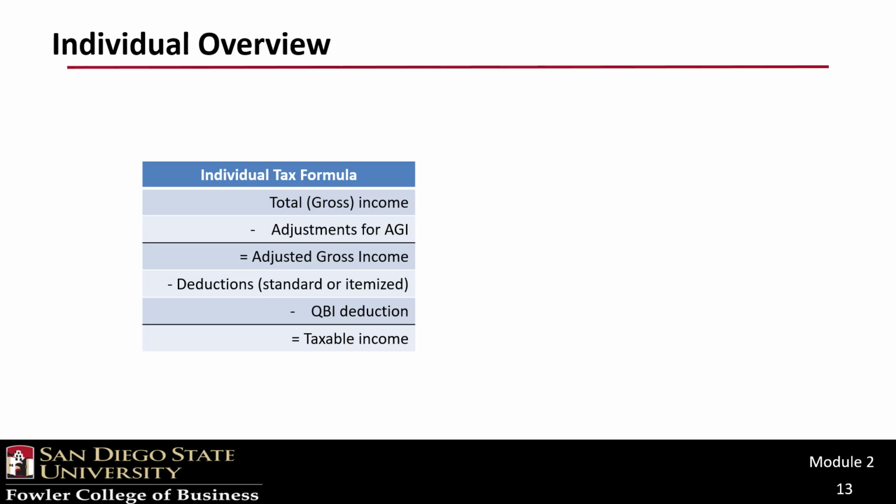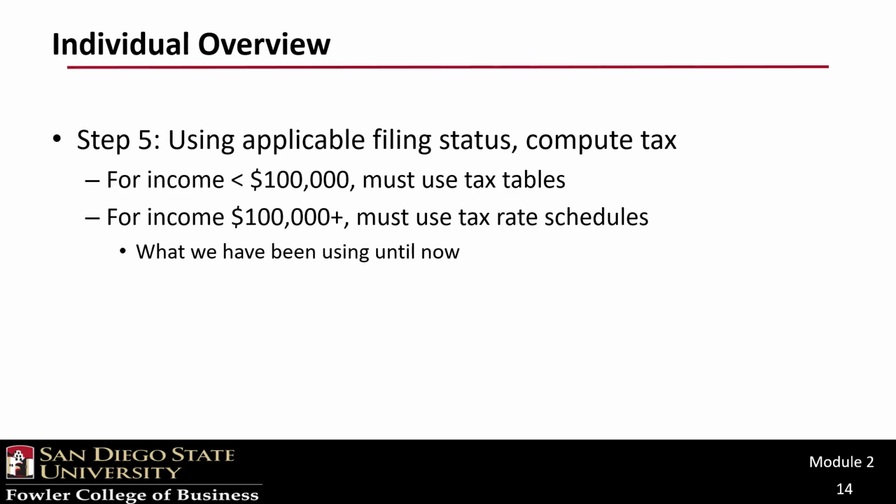Since that is our tax base, we use that amount to multiply by the rate to get our tax liability. Although we are generally going to use the tax rate schedules we have seen over and over again, technically, the IRS requires we use special tax tables for taxpayers with taxable income under $100,000.